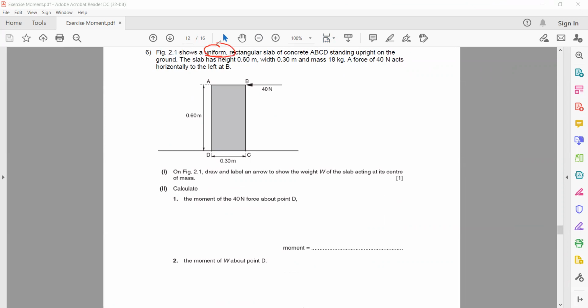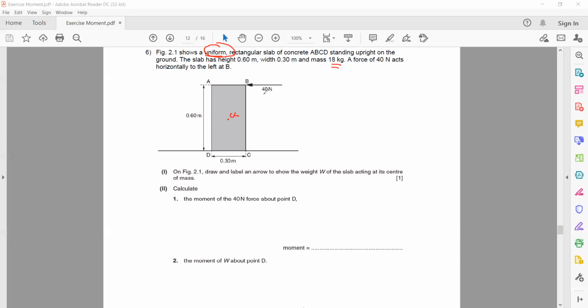When they say uniform, it means the center of gravity will be at the center. The slab has a height of 0.8 and a width of 0.3, and the mass of the slab is 18 kilogram.